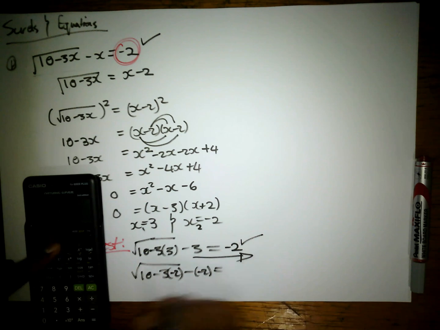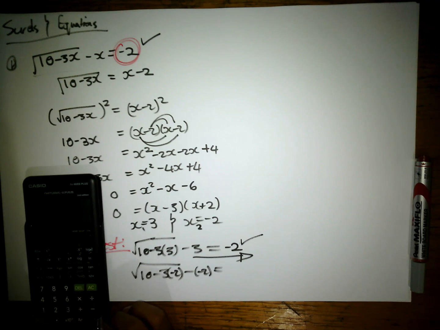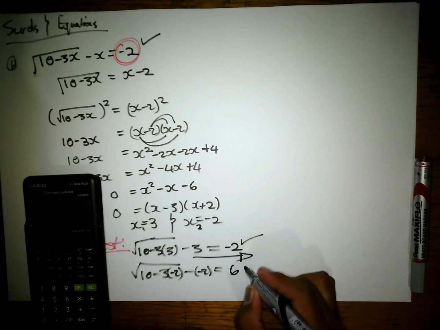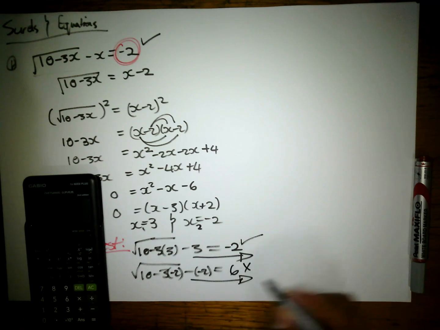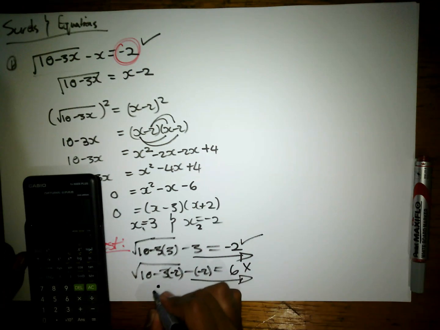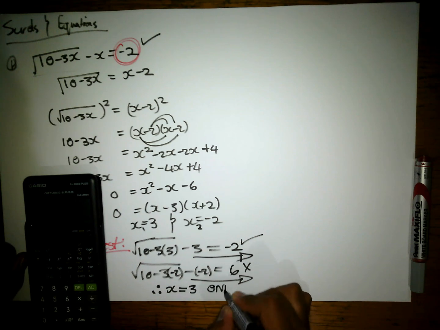Now the second value, times minus 2, is 6. This is incorrect, because it's not the number we have. That means, therefore, x equals 3 only.